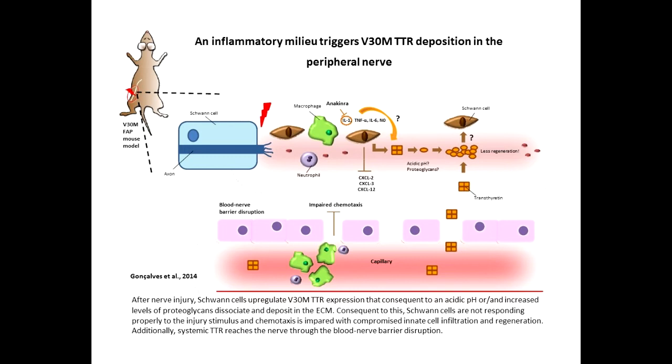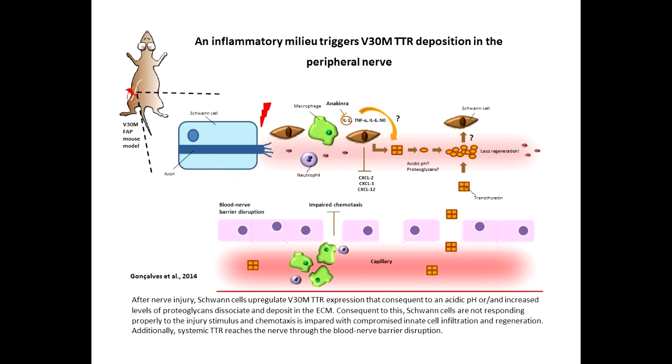This incredible deposition, we think, affects Schwann cells, so we think these Schwann cells are deficient and cannot activate the inflammatory response and cell infiltrates. Because in this model we don't have a chemokine response as we have in control mice.